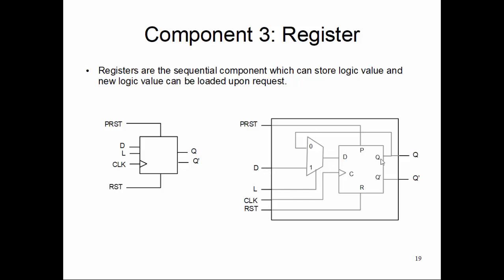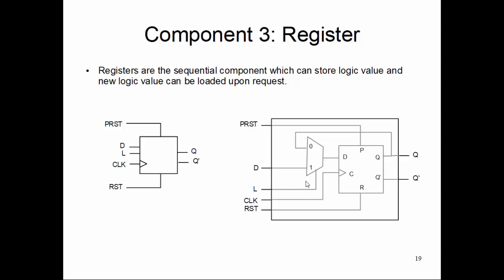So let's say Q was 1, D is set to 0, and L is set to 1. Then in this clock cycle, this flip-flop will latch that 0 and Q will be set to 0 at the end of the cycle. We can do the same analogy if D is 1 and Q is 0, and we see that bit change, etc.